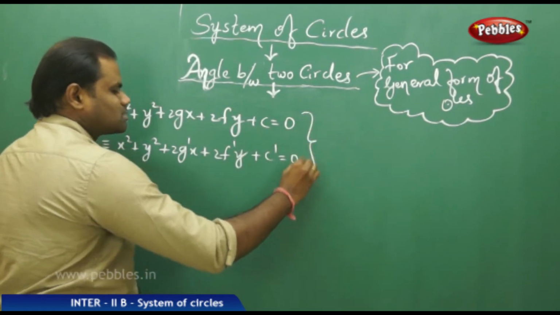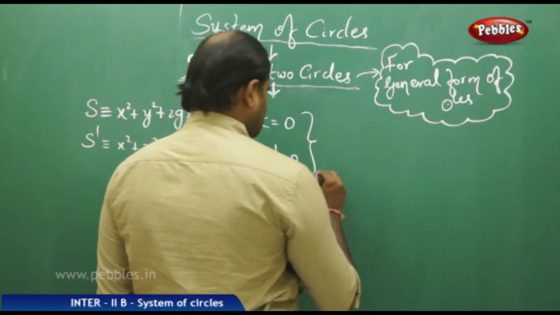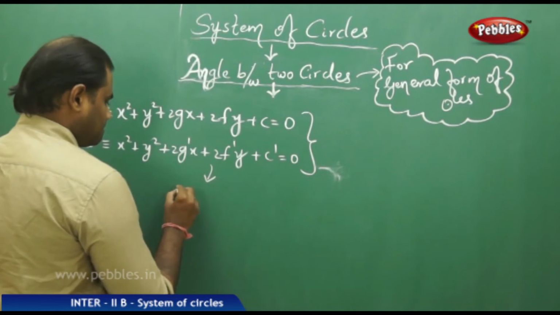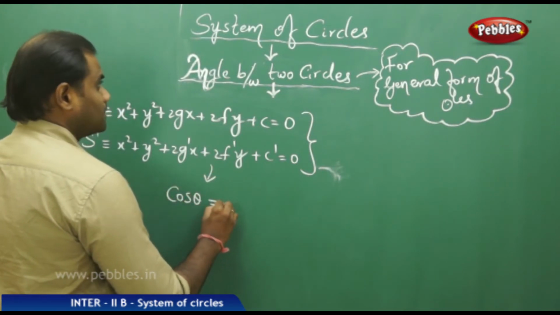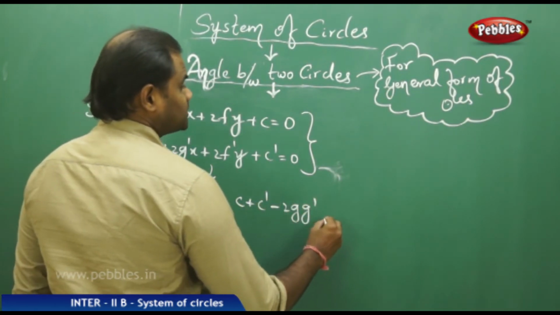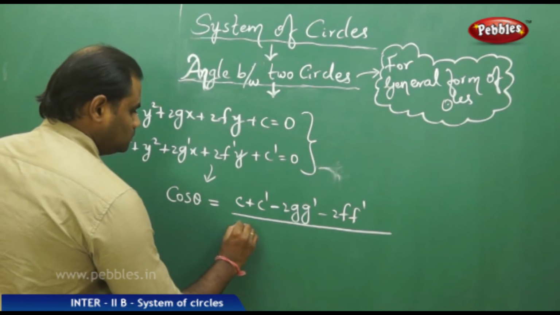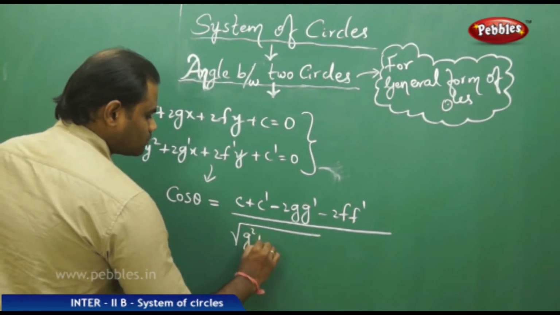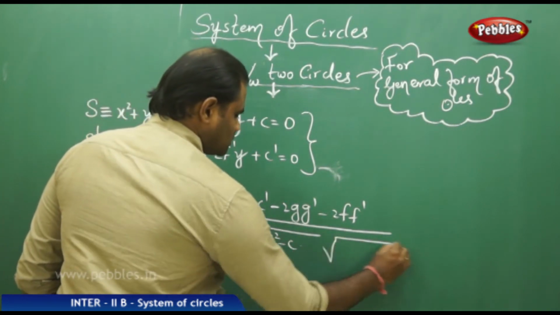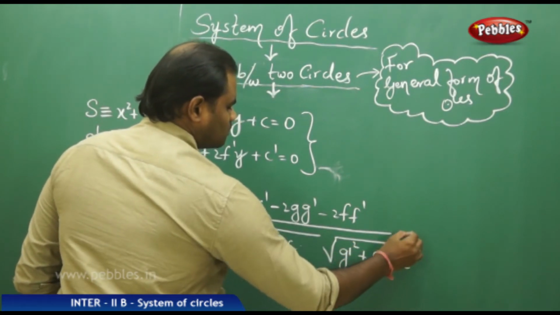For these two circles, if I would like to find the angle between the circles in the general form, I have cos theta given by c plus c dash minus 2gg dash minus 2ff dash, divided by 2 times the root of g square plus f square minus c, times the root of g dash square plus f dash square minus c dash.